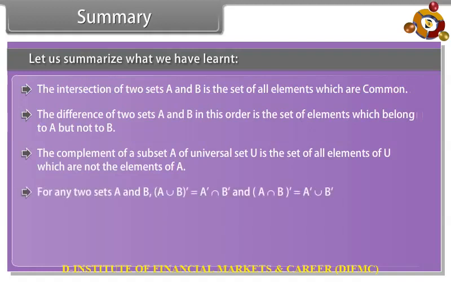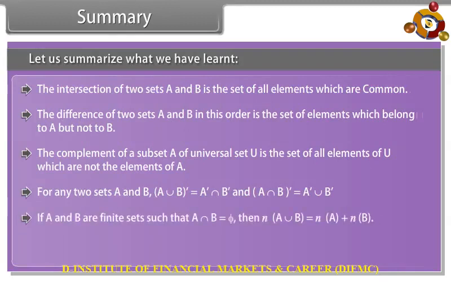For any two sets A and B, complement of A union B is equal to complement of A intersection complement of B, and complement of A intersection B is equal to complement of A union complement of B. If A and B are finite sets such that A intersection B is equal to phi, then n(A union B) is equal to n(A) plus n(B).